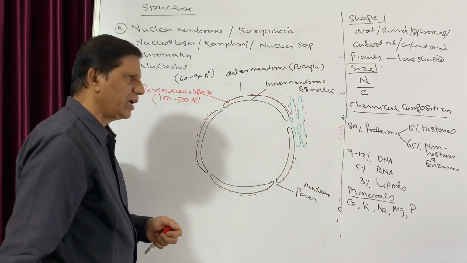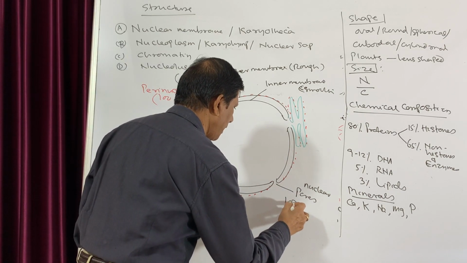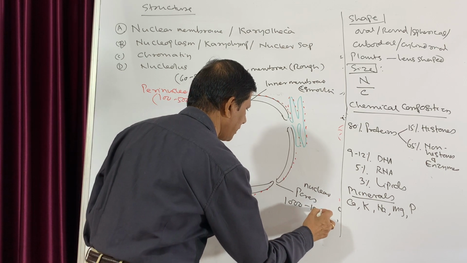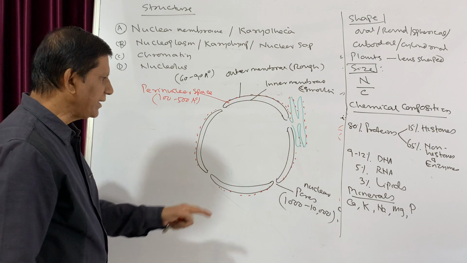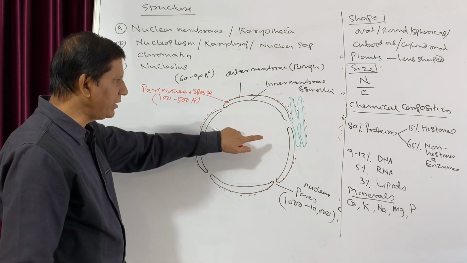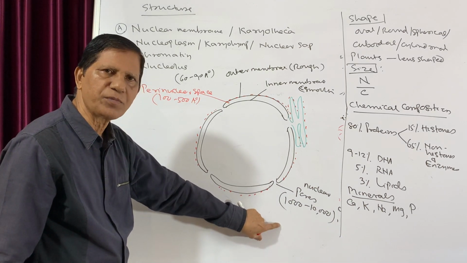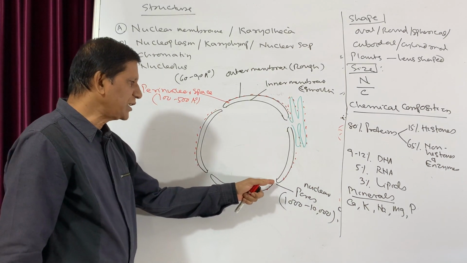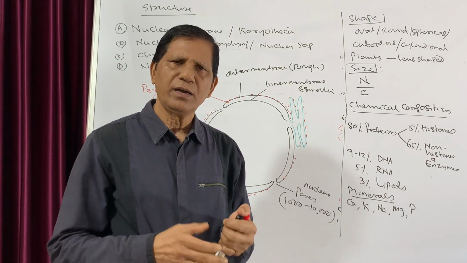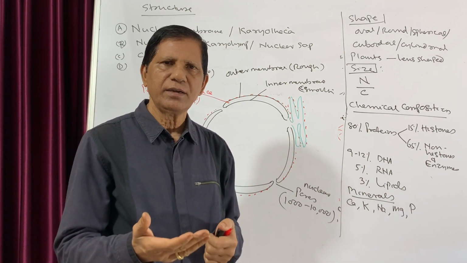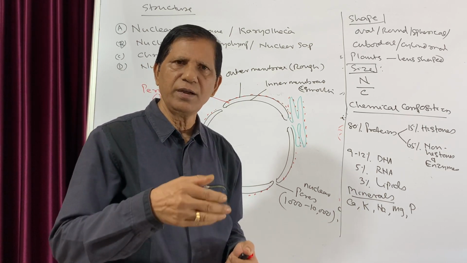Usually the number of nuclear pores varies from 1,000 to 10,000 per nucleus. The nuclear pores connect the nucleoplasm, which is present inside the nucleus, with the outer cytoplasm. But what is the structure of this nuclear pore? For a long time it was debated, because somebody said there is a septum, a plug, or a diaphragm.